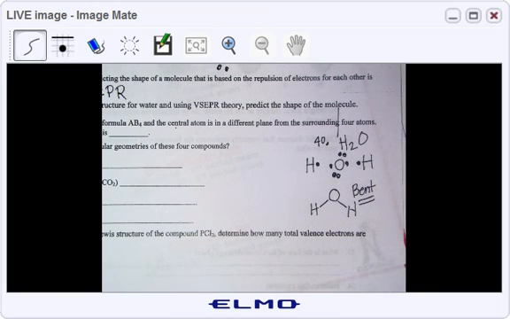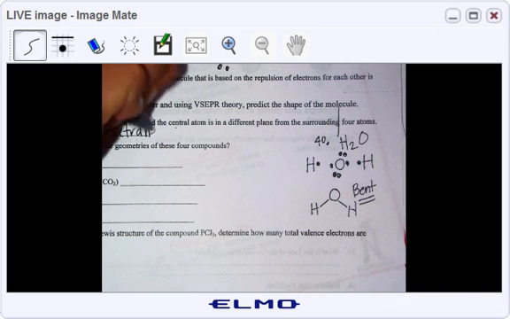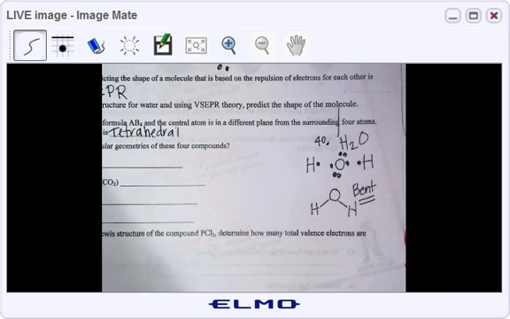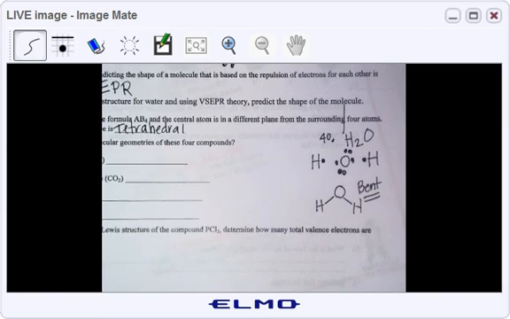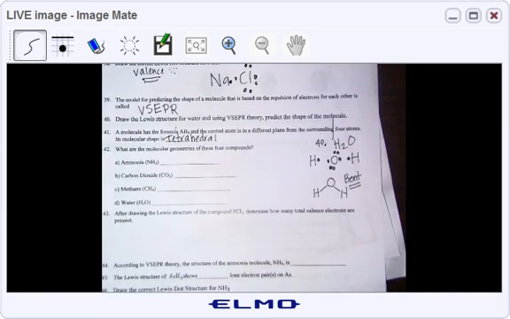Number 41, a molecule has the formula AB4 and the central atom is in a different plane from the surrounding 4 atoms. The shape of 41 is tetrahedral. Tetrahedral. Don't forget, tetra means 4. And I'm going to explain that to you because there's an example on number 42.